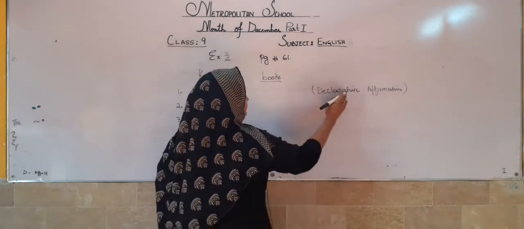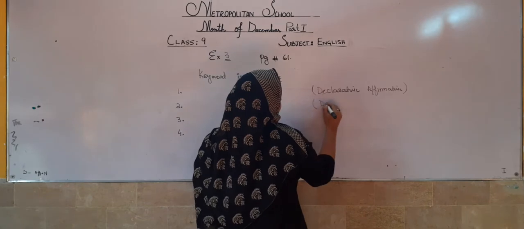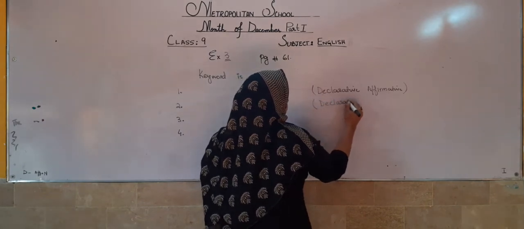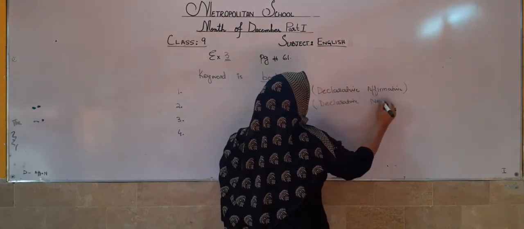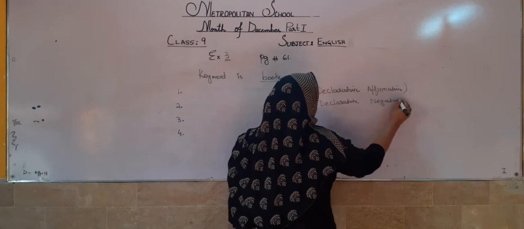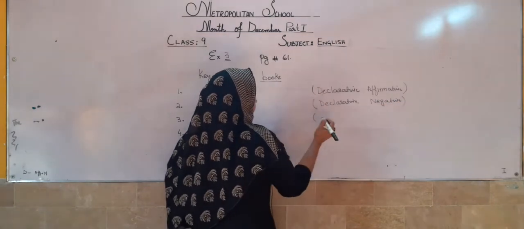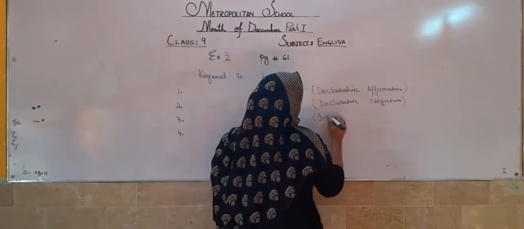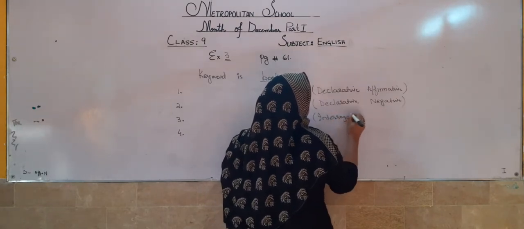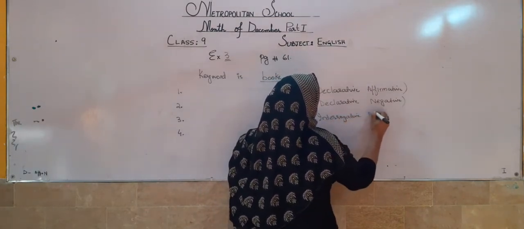Fine. Number 2 is the second form, declarative, negative. Okay? And number 3, interrogative, affirmative.